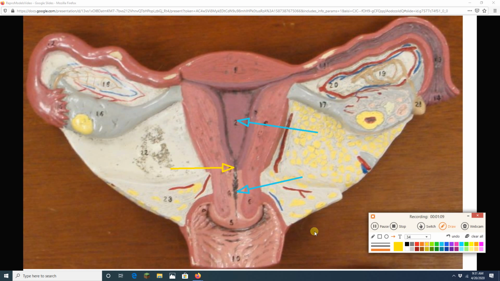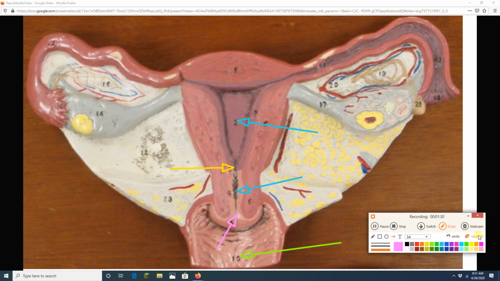That is the internal os. Now, the vaginal canal is down here. Vaginal canal, by the way, look at all the rugae that we see. And the opening between the vaginal canal and the cervical canal right here is the external os.